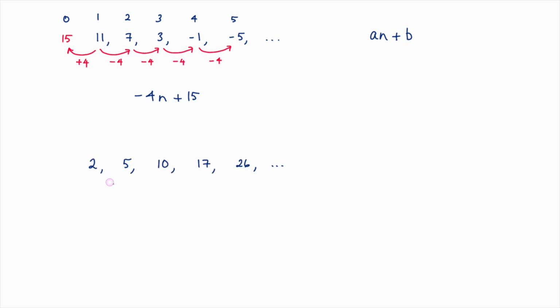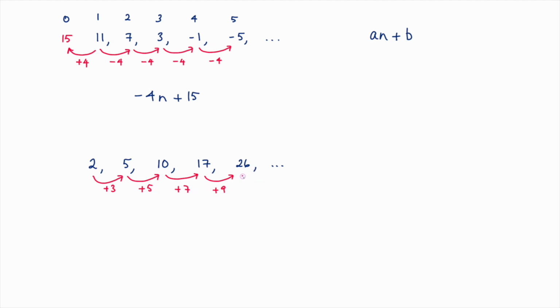Okay, well, let's have a look at this sequence of numbers here. Again, we'll look at the common difference. The common difference here, we are adding 3. The common difference here, though, we're adding 5. And then we go to the next one, we're adding 7. And finally here, we're adding 9. Now you can probably tell there is a pattern here: 3, 5, 7, 9.